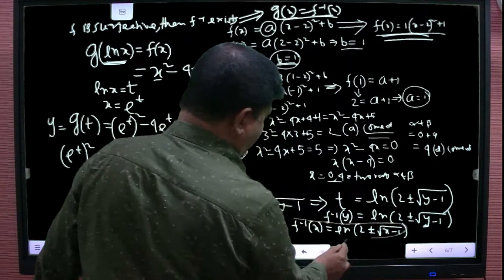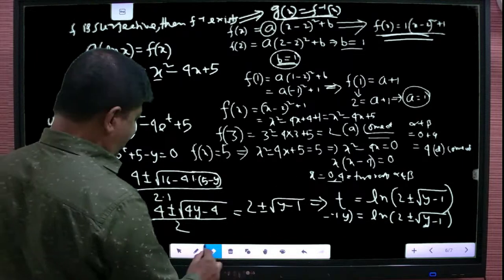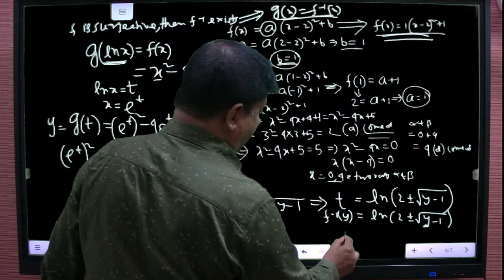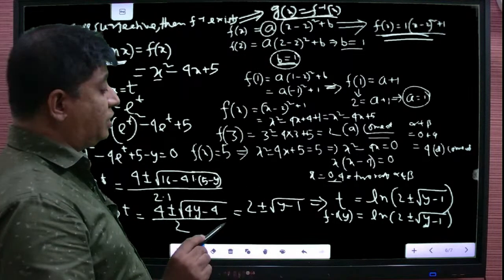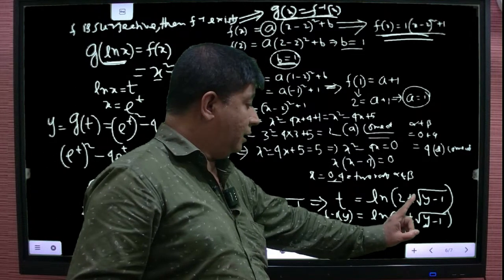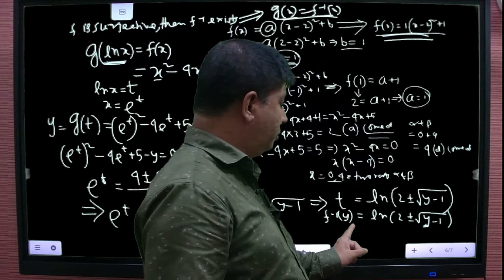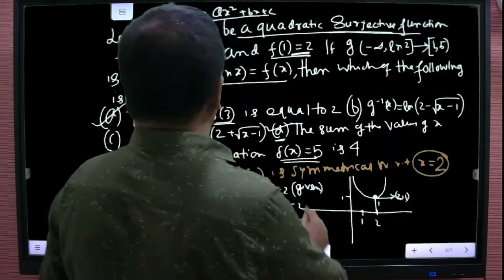First of all, let us solve the problem where plus minus both are coming. What is the minimum value of y given in the question? It is 1.